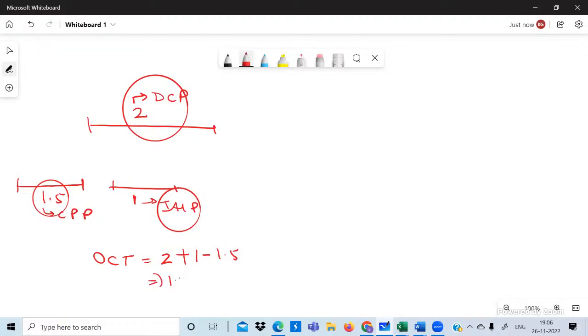So my operating cycle time becomes 1.5 months. Operating cycle time basically tells you when the money is going out of your pocket and when the money will come back into your pocket. So this time frame in our example is 1.5 months. That's your operating cycle time or cash conversion cycle. Any doubt with this?